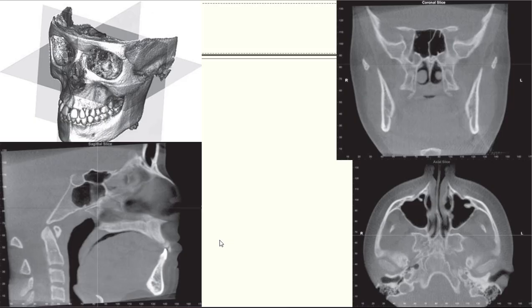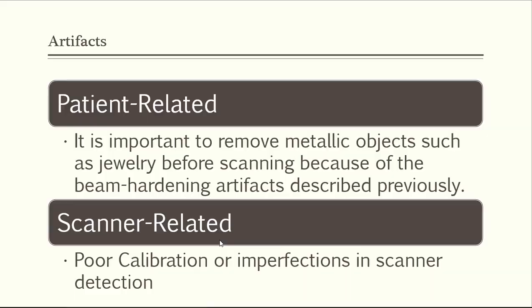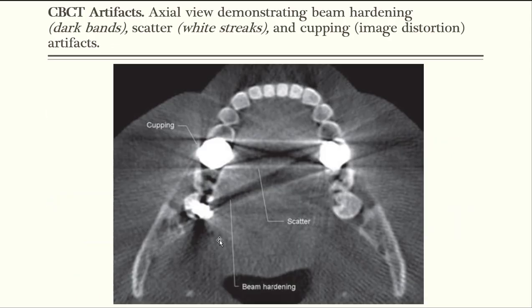Now sometimes we can have some artifacts with the CBCT. These can be patient related or scanner related. The patient related, like metallic restorations, crowns, all of that. For the scanner, the poor calibration or imperfections in the scanner itself.